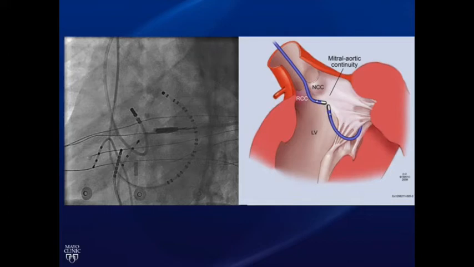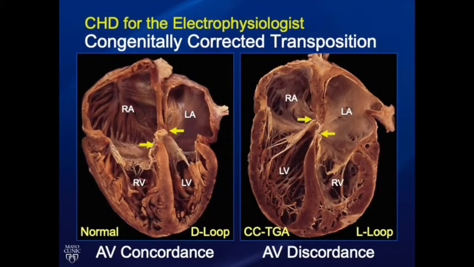Now switching here to another very important condition, when we think about where is the conduction system, what do I need to think about differently? And that is in congenitally corrected transposition. So two main differences from the normal heart create these differences in the conduction system.